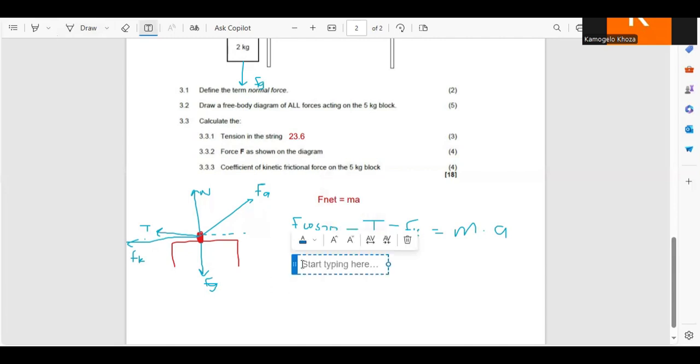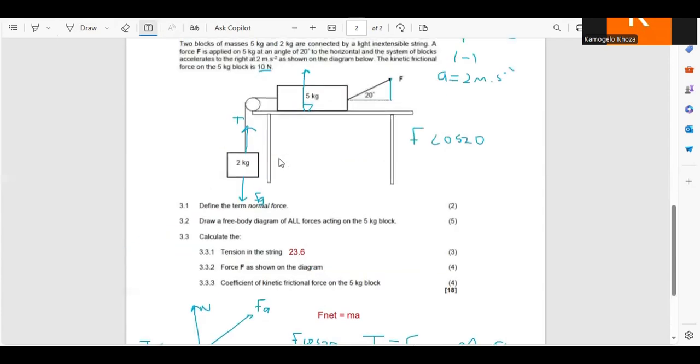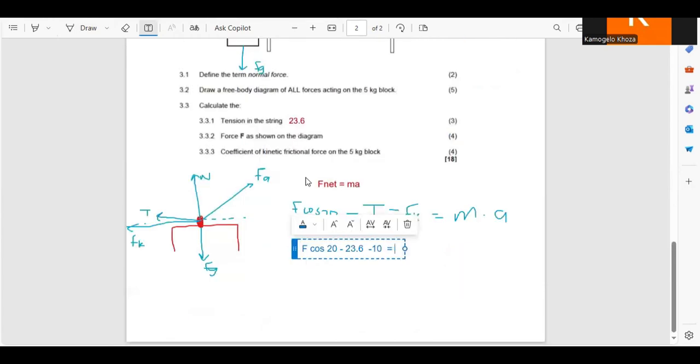Now let me substitute what I have. So I'm looking for this F, I have cos 20. What about my tension? I've calculated it as 23.6, so I'm going to say minus 23.6 minus my FK, my kinetic frictional force. I was given it as 10 newtons. So also minus 10. And this equals mass times acceleration. The mass is 5 kg. Acceleration is 2 meters per second squared, right?